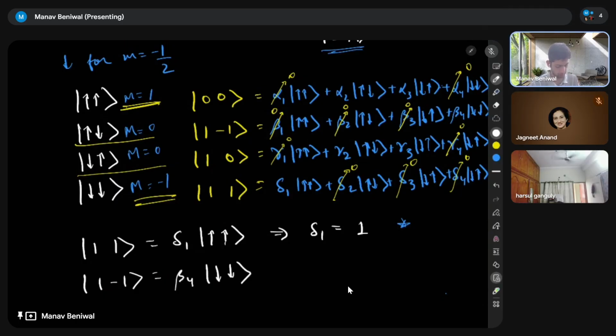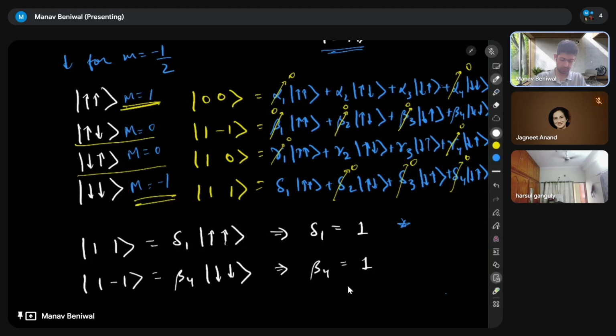So again just by normalization we will get beta is equal to 1. So this is our minimum weight. Again there is only one way to get the minimum weight, so following the same logic, the Clebsch-Gordan coefficient of the minimum weight is always 1. Okay, so delta and beta are done.